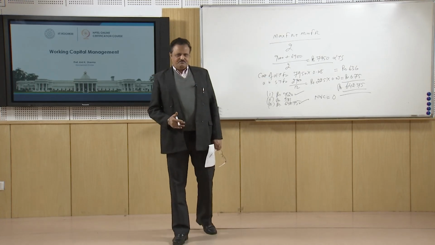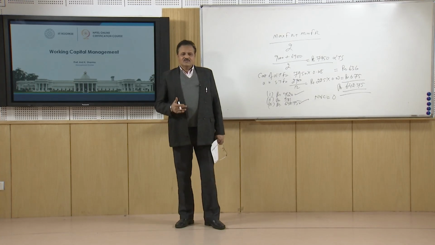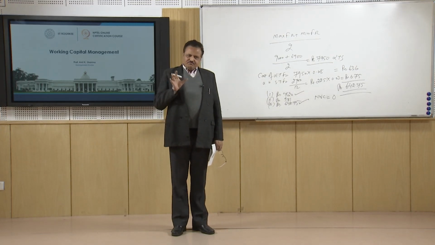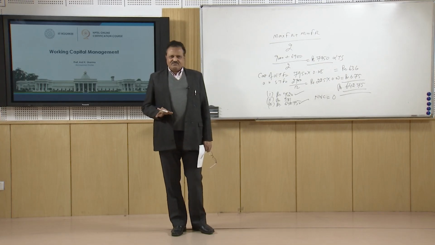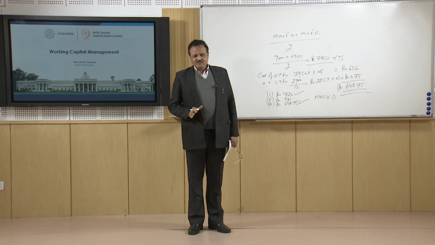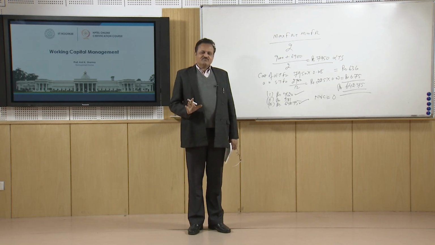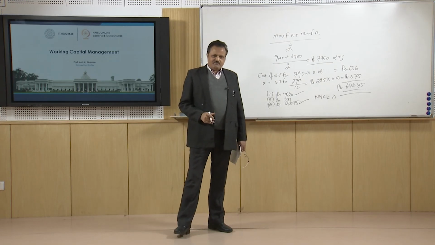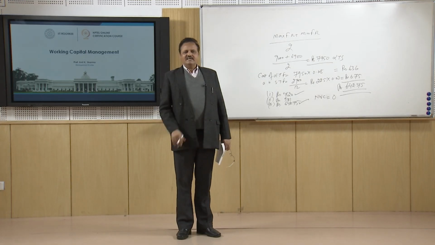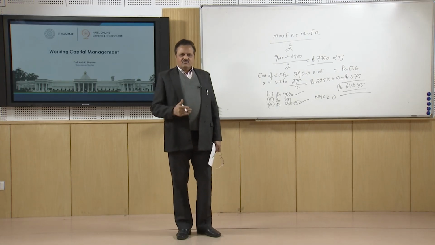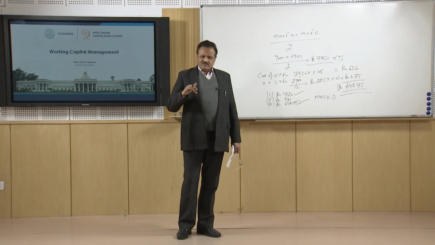So this is how the level of current assets and current liabilities impacts the overall financial cost, liquidity and profitability of the firm. We have three approaches: the conservative approach, the aggressive approach, and in between there is a hedging approach, and finally we can have the trade-off out of these three approaches.